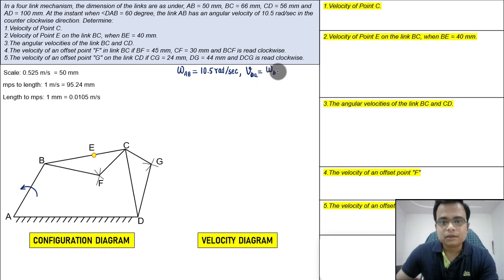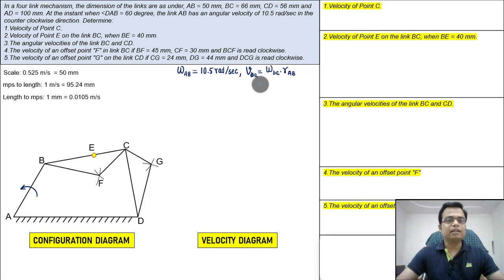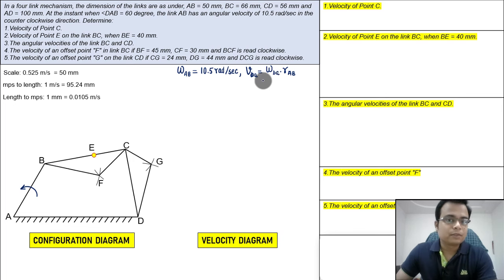Now we know that the velocity of this link AB or BA, whatever, is equal to omega multiplied by the radius of AB, or the length of the link itself. V is equal to omega r. Linear velocity is equal to angular velocity multiplied by the radius. This can be calculated very easily: 10.5 radians per second multiplied by this radius. The radius for AB is 50 millimeters.